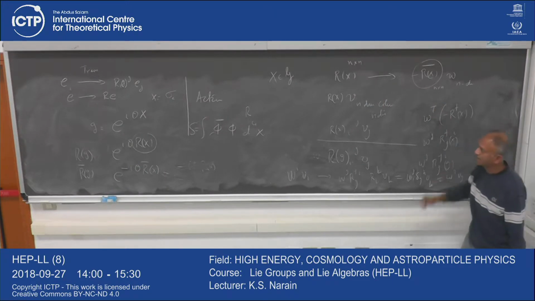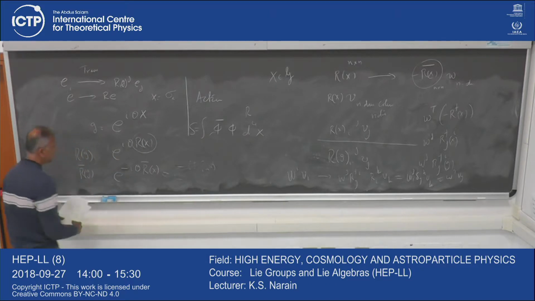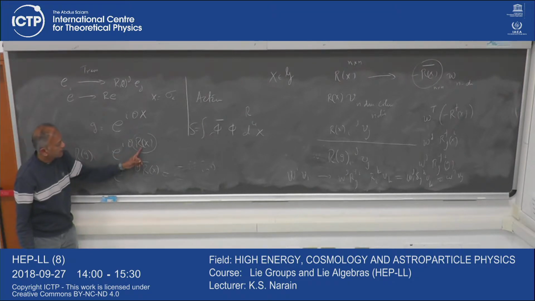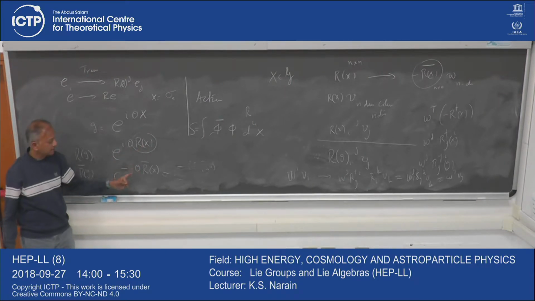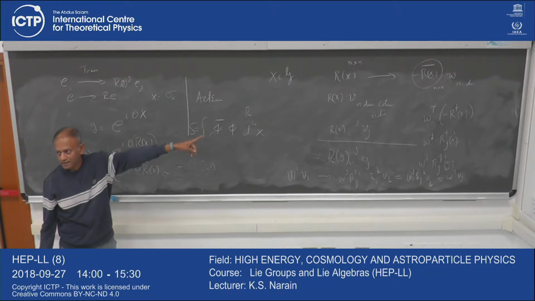I'm not taking a complex conjugate here. In any representation, if I have R1, it will be i theta R1x. If it's another representation, it will be R2x, and by R2 I mean minus R bar x.